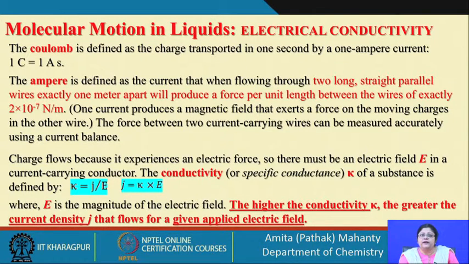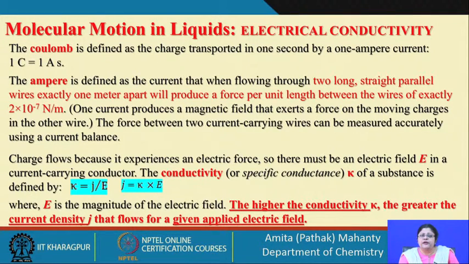So, the conductivity can be defined. Conductivity is also known as specific conductance, which we are going to look into further in the next class, but the conductivity of a substance is defined as nothing but the current density divided by the electric field which exists in the current carrying conductor.